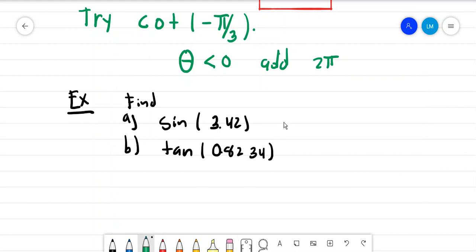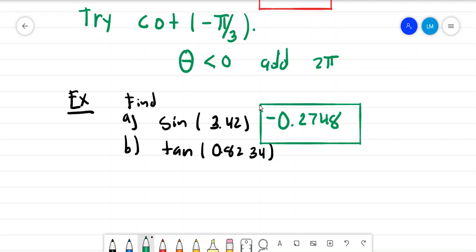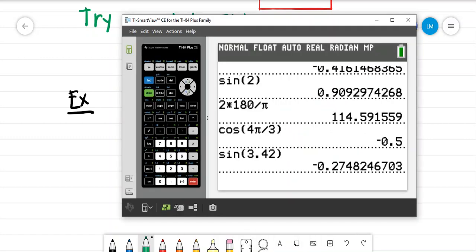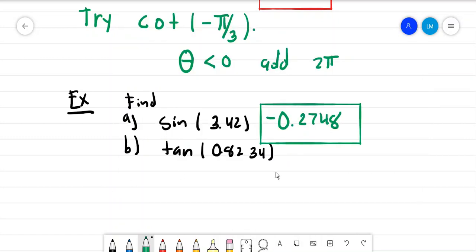You can probably just take 4 decimal places. Usually 4 to 6 is good enough. So that tells me that sine of 3.42 is negative 0.2748. And I wanted to do the same thing with tangent.